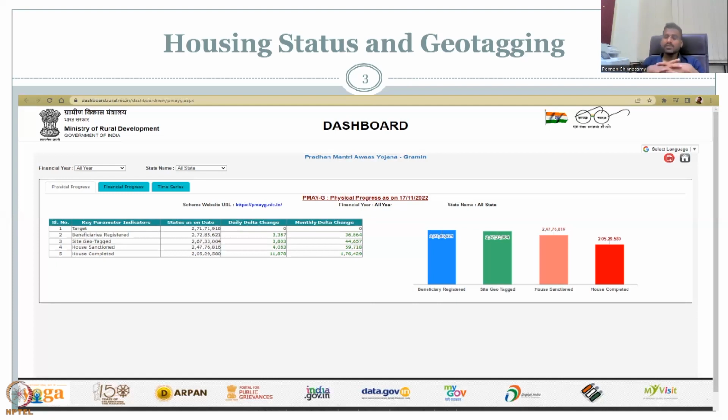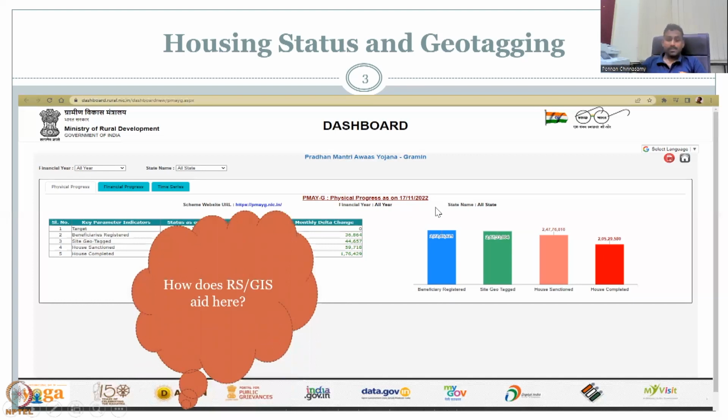A salary is enough. But think about going to the ground and checking each and every house. That is very expensive, time consuming, and there are places where people will wrongly enter the details. There could be a lot of data massaging. So to avoid all of that, we can use remote sensing.